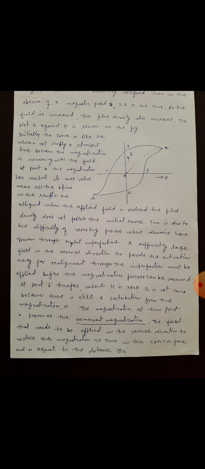What was the initial direction of H? It was along the x-axis in the right-hand direction. But what is the direction of H here? Now it is opposite to OH. Rather, you can say it is in the left-hand direction. So to make B 0, we have to apply the magnetic field in the reverse direction.